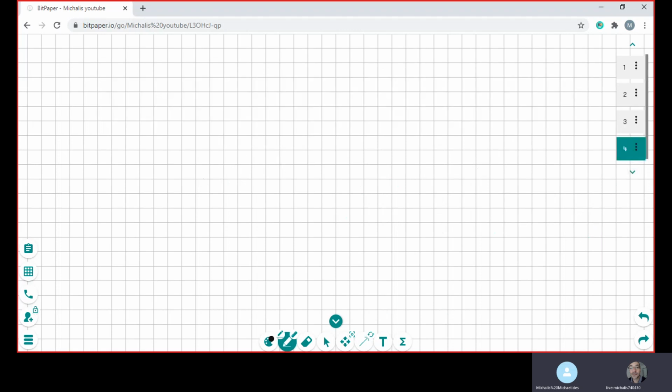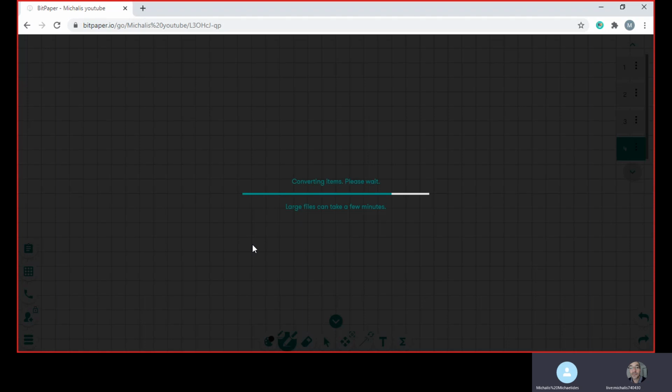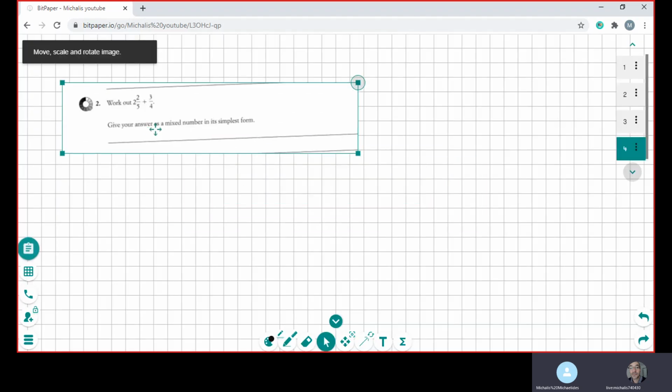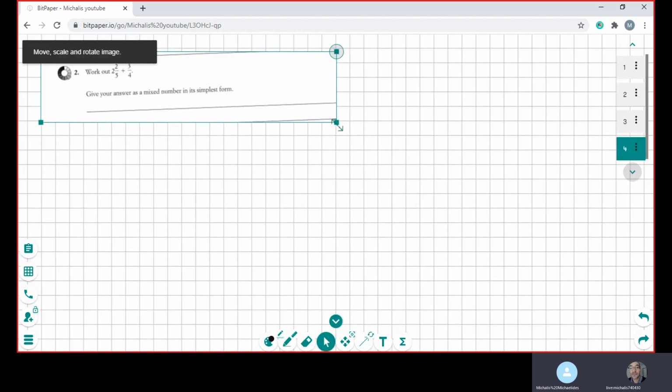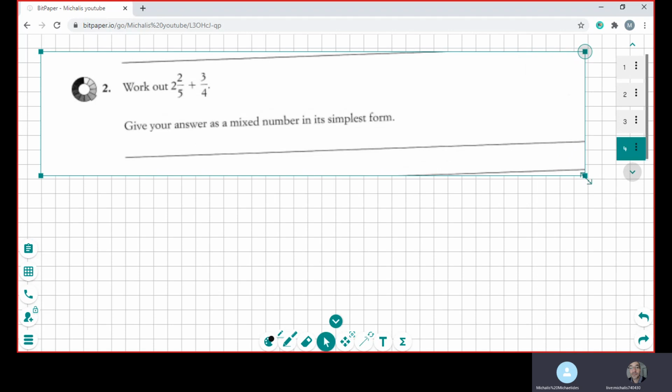The next one that I will show the method for is adding a mixed number with a fraction. To add a mixed number and a fraction, it's necessary to change the mixed number into a fraction. Now the exercise 2, we have the mixed number 2 and 2 over 5 plus 3 over 4.